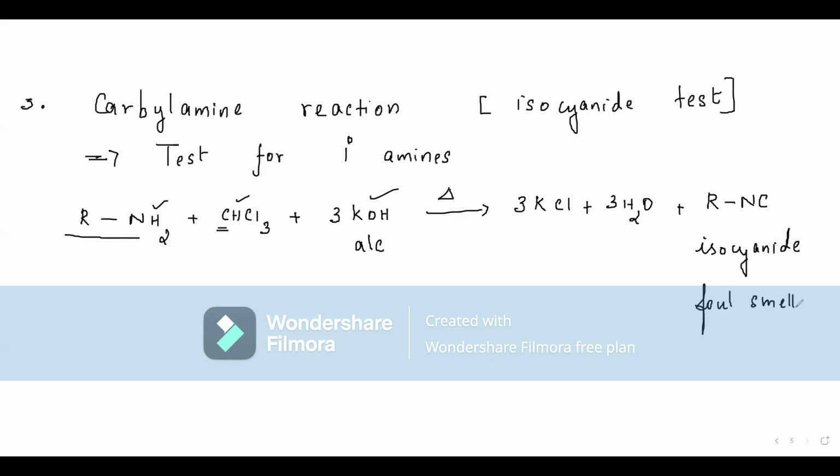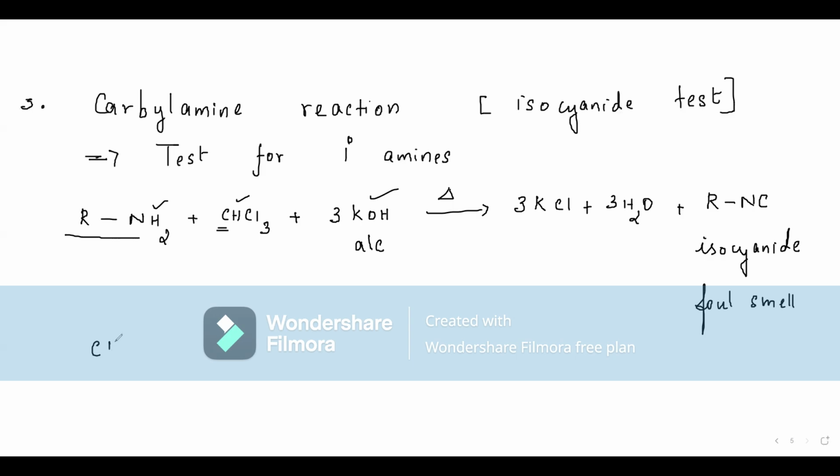That is why it is considered a test for primary amine. Secondary and tertiary amines will not react, so no foul smell will be observed. So mark this reaction as one of the important, repeatedly asked questions.